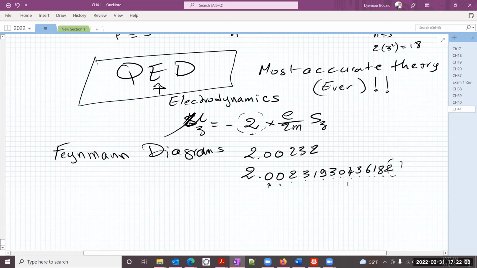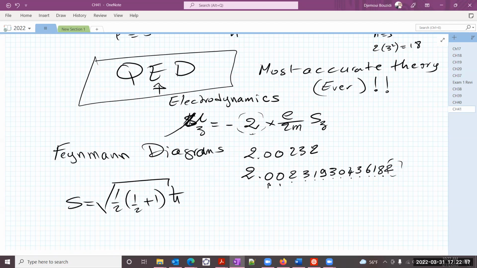So the value of S, by the way, is equal to the square root of 1/2 times (1/2 plus 1), same thing, times h bar. So this is the actual angular momentum due to the spin. The spin angular momentum is equal to the square root of 3/2 h bar. And again, the two projections are the same fashion.